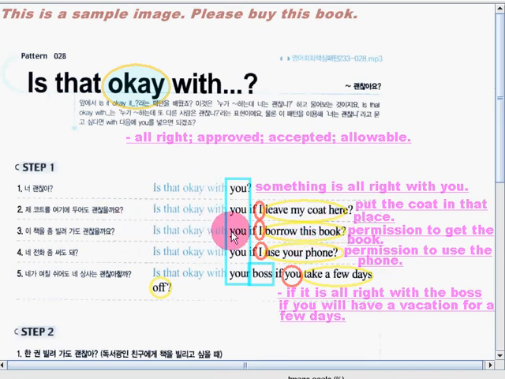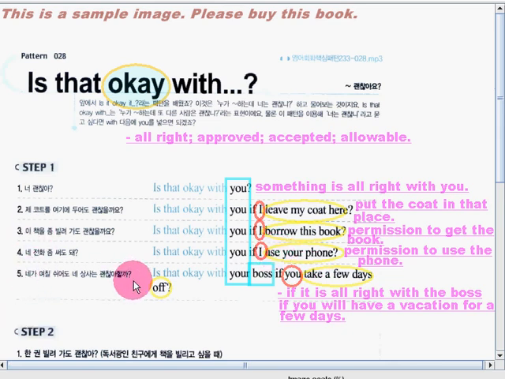So you're asking, is that okay with you, with him or her? How about number 4? Is that okay with you if I use your phone? Again, you're asking permission from this person to use his or her phone.